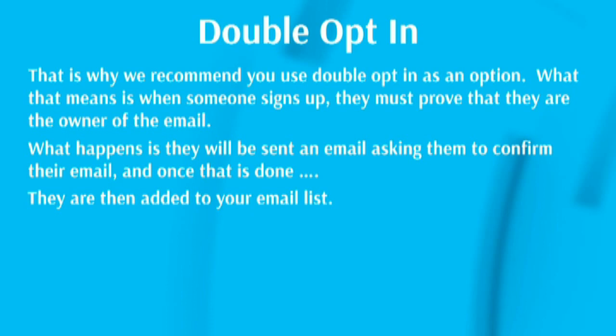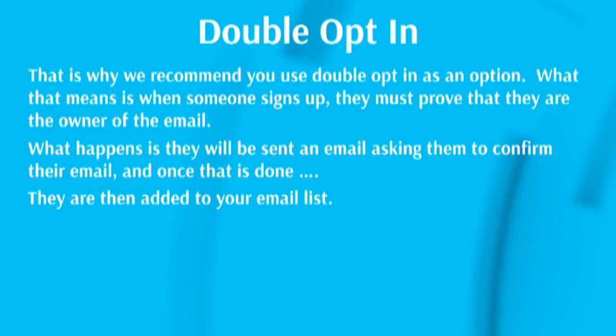Now, given that double opt-in, if you send about 1,000 people and you get, let's say, for example, a 50% conversion rate, then 500 people may opt in. And if it's a single opt-in, then of course 500 people will be added to your list. But if you do double opt-in, 500 people may opt in and maybe 100 of those are fake. And maybe you'll only get 300 people to actually confirm their email.